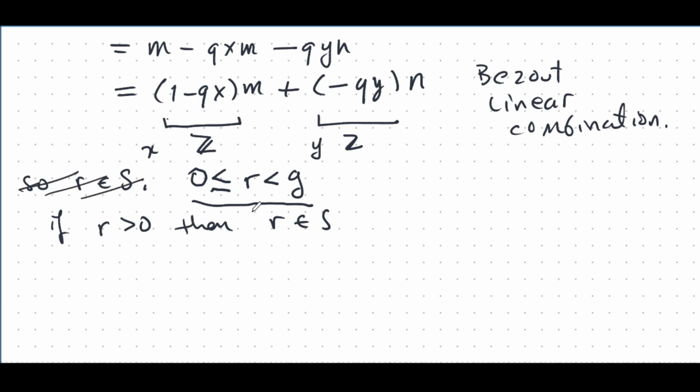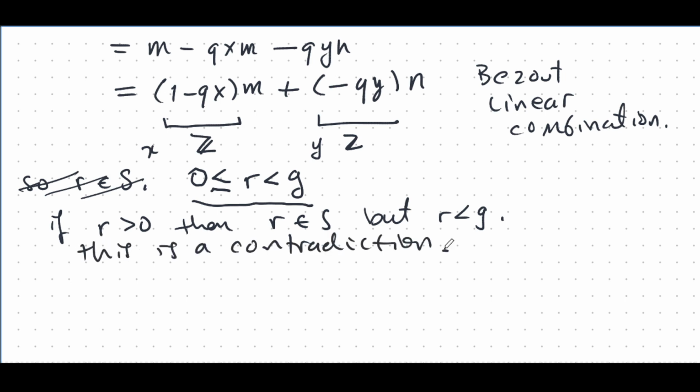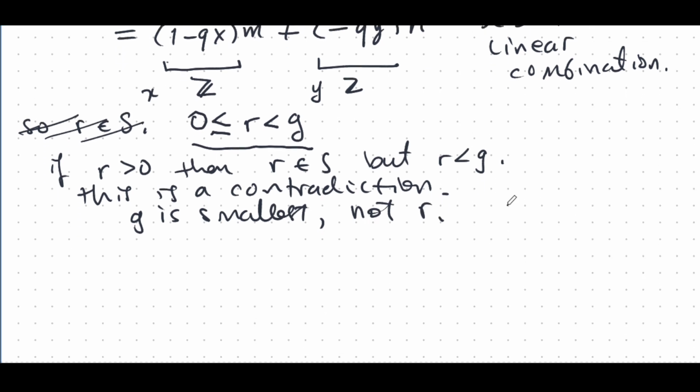It's not necessarily in S. It could be in S if R is bigger than 0. But then, if we look at the other side of this inequality, R less than G, this is a contradiction, because G is the smallest. So we cannot have R less than G. That's impossible. And so therefore, R must be 0.